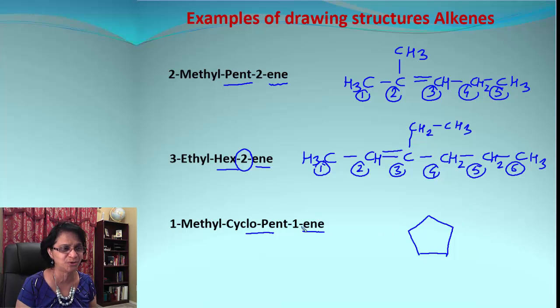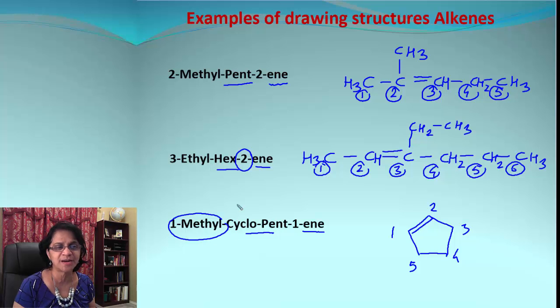It will be a time saver for you. So pent-1-ene. I'm going to number whichever I want as number 1. So that's my number 1, that's 2, and so on. At position 1, I must have a double bond there. So that's my cyclopentene. And now I've got a substituent at position 1, which is a methyl group. So that is CH3.